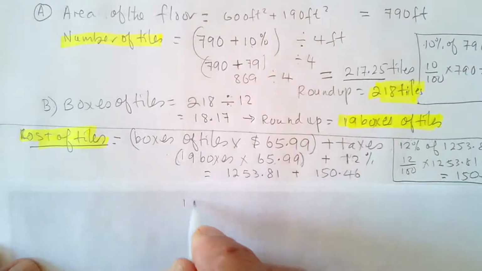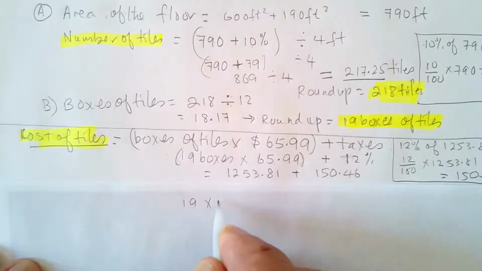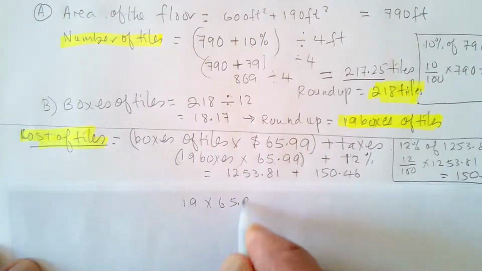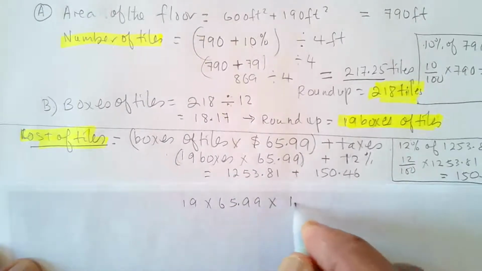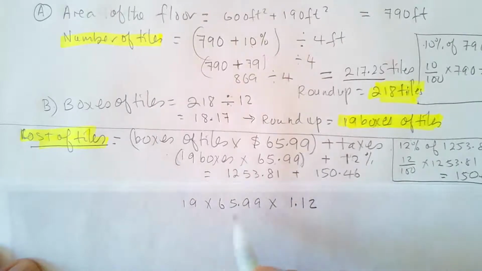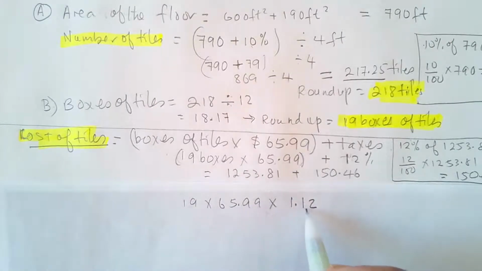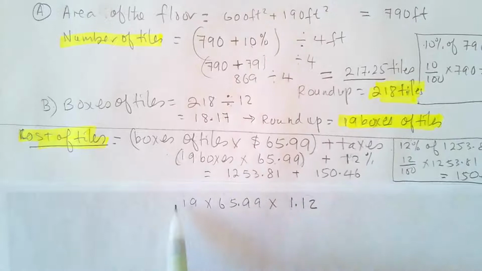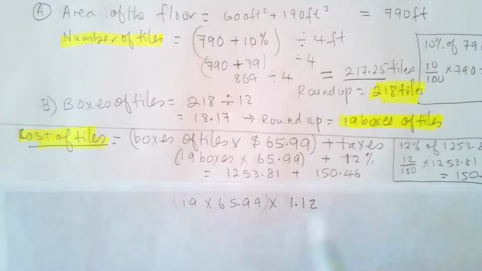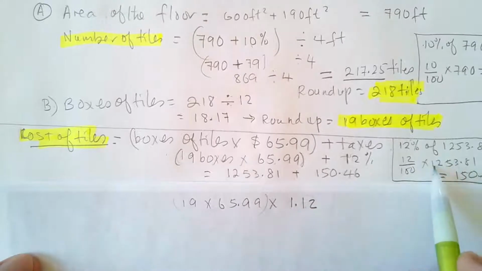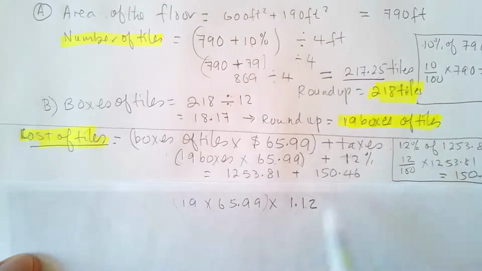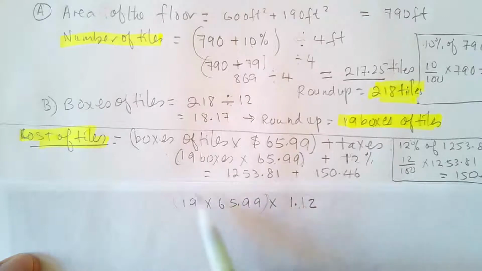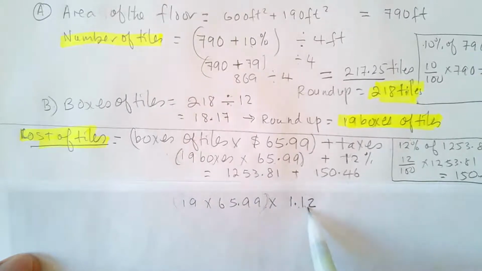It will be 19 multiplied by the cost multiplied by 1.12. Now, what I'm doing here, including your tax, is the 1 refers to the entire cost for tiles. And then I am multiplying, remember 12 over 100 times, I'm simply multiplying whatever this amount is by 12%.